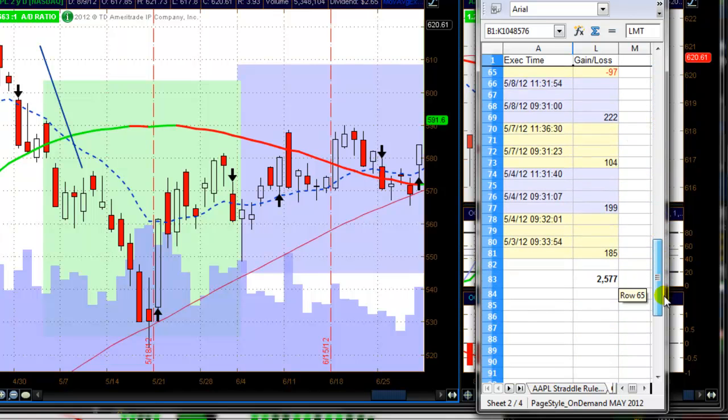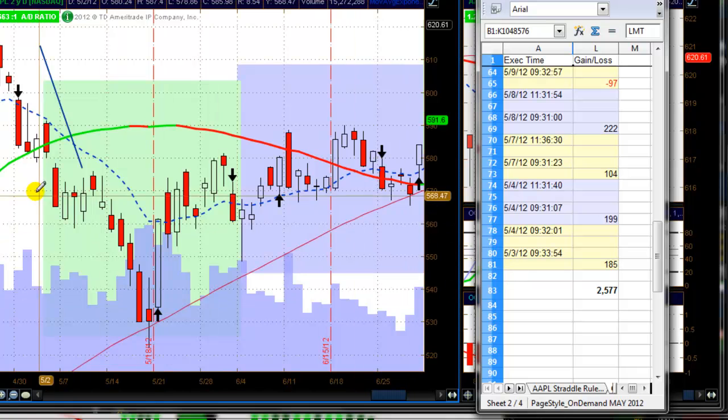Now we start at the bottom with May 3rd, which is this candle right here. So that day we actually entered at 9:33, and we held overnight because we didn't hit our $100 mark anytime during this day. We held it overnight and we exited the next morning. Here's the gap that we got.